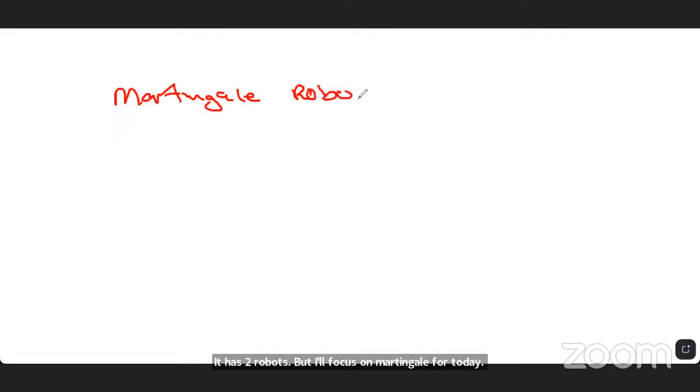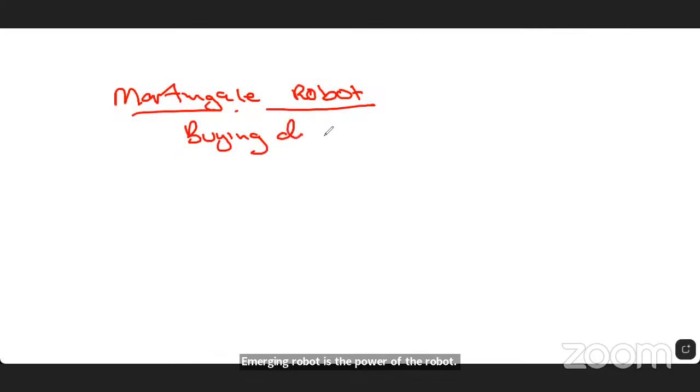We don't use grid Martingale robot. What is a Martingale robot? A Martingale robot is the power of the robot buying at different prices and selling at once.